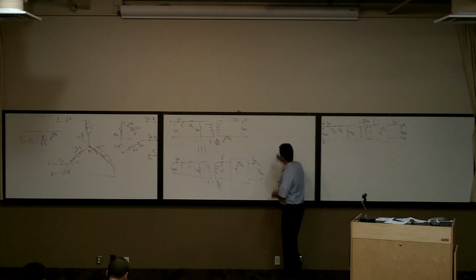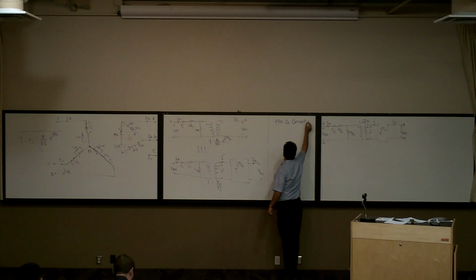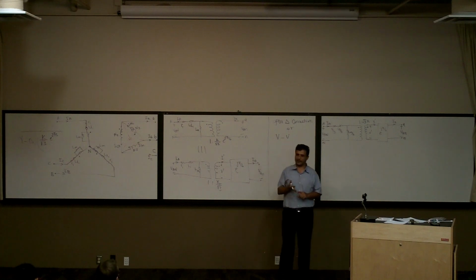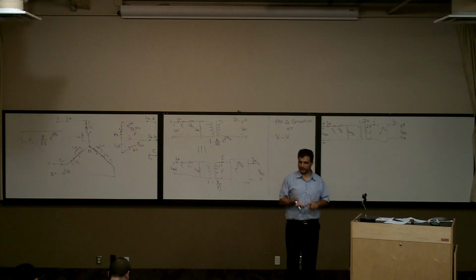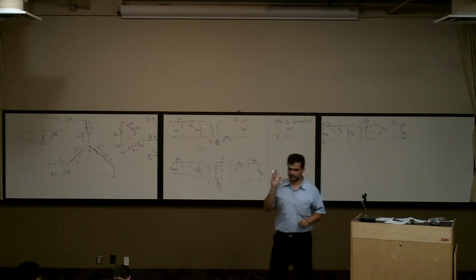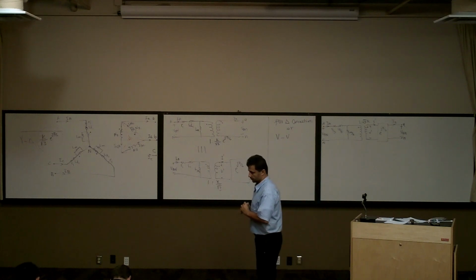We call it open delta, or they call it V connection. Right up to here we had a delta Y, Y delta, delta delta, Y Y. Let's see what's the V connection.